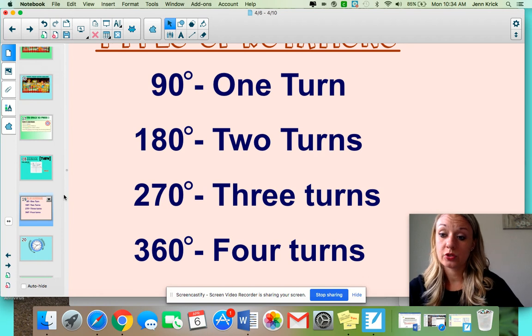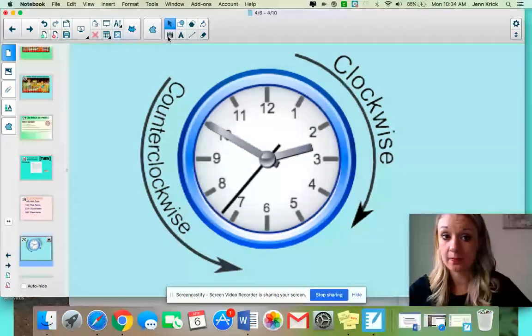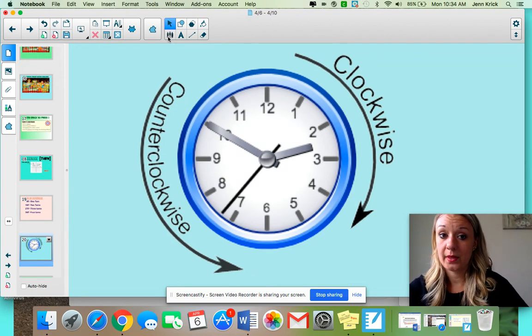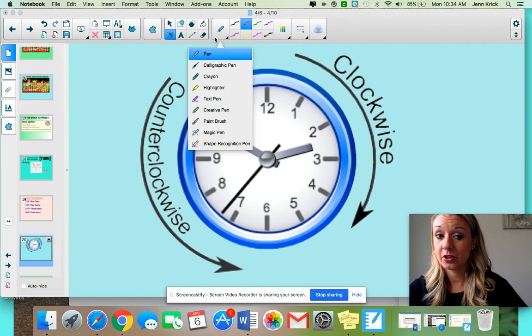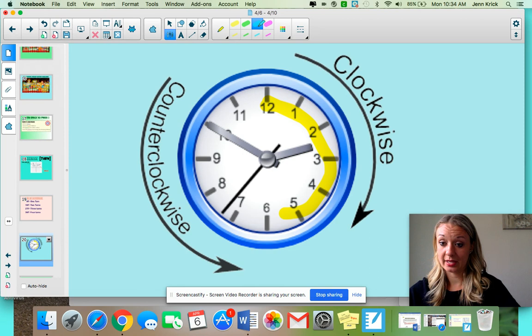Now, when you talk about turning, you can turn 2 different directions, and we think about it as clockwise and counterclockwise. If I asked you to turn something clockwise, that means that you're going in the same direction as the clock goes when time passes. So obviously it'd be like 12, 1, 2, 3, 4. If you were going counterclockwise, that is the opposite of the direction of a clock.